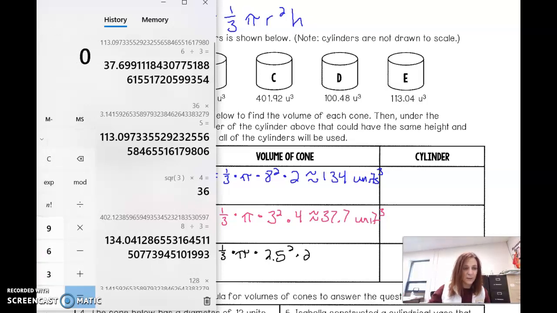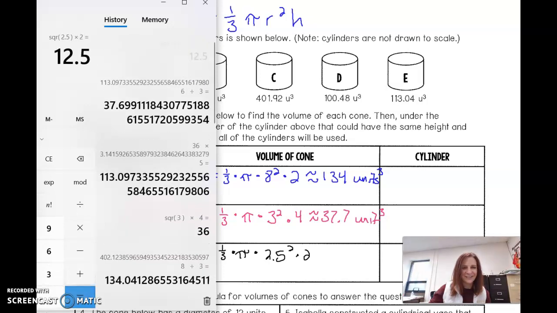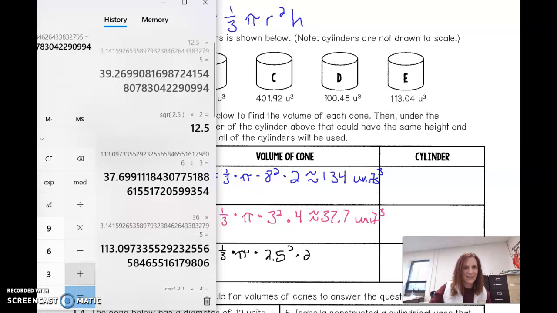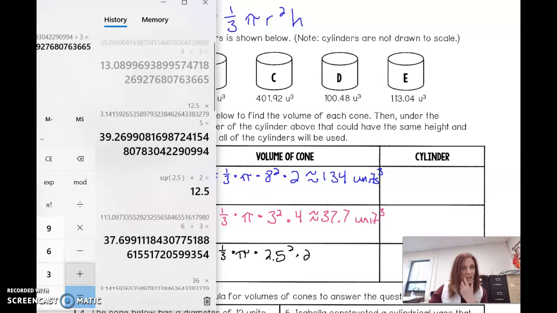Maybe I can't do it that way. All right. Sorry. Just easier for me to do it like this on this calculator. Times 2 times pi times 1/3 or divided by 3. And we get approximately equal, let's say 13.1.